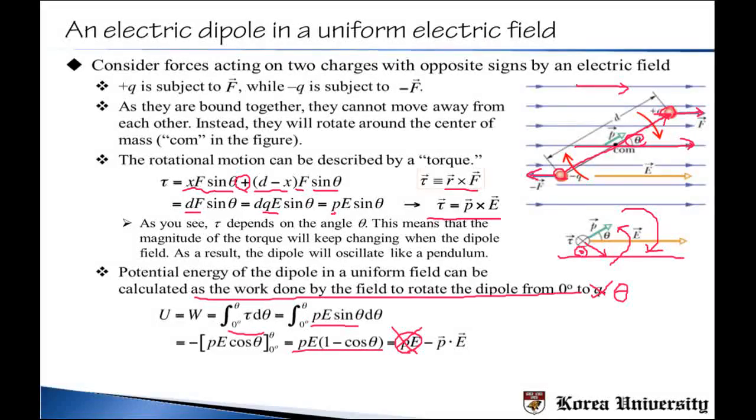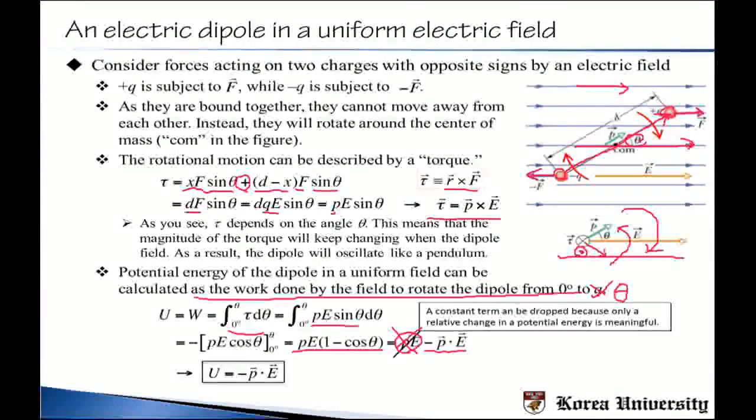Remember, P and E are vectors, so we can express it using the scalar product, or dot product, between these two vectors. And finally we can say that the potential energy of the dipole in a uniform electric field can be expressed using a dot product.